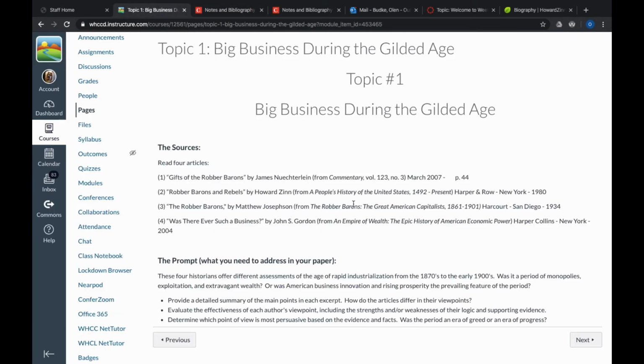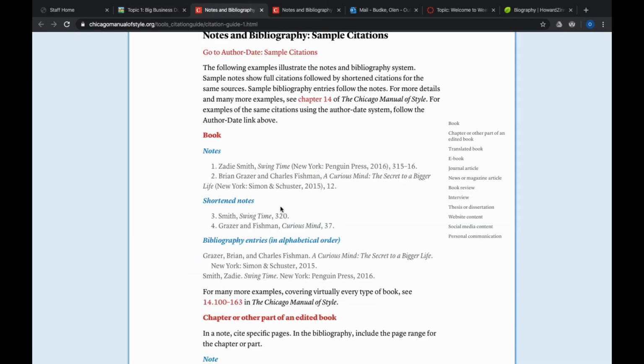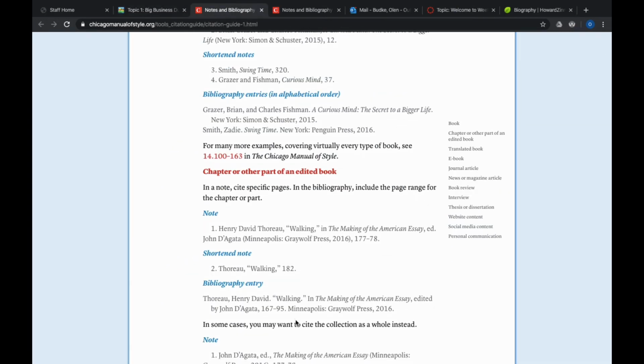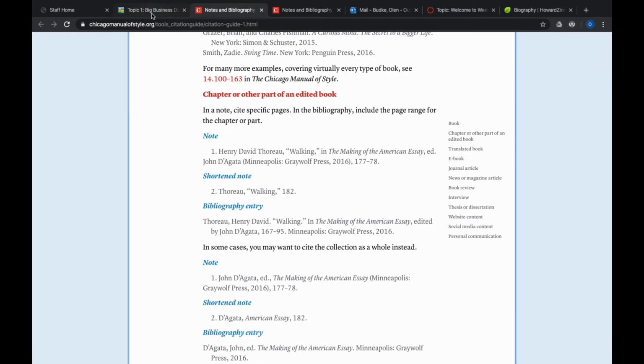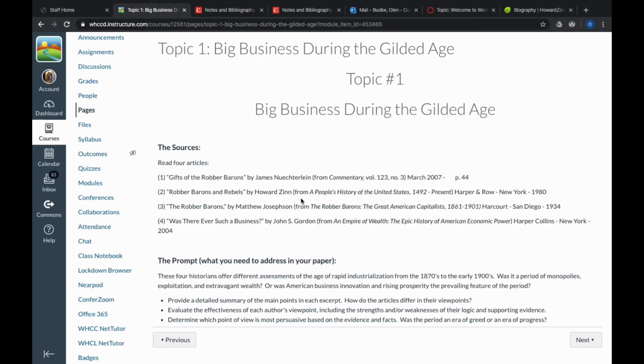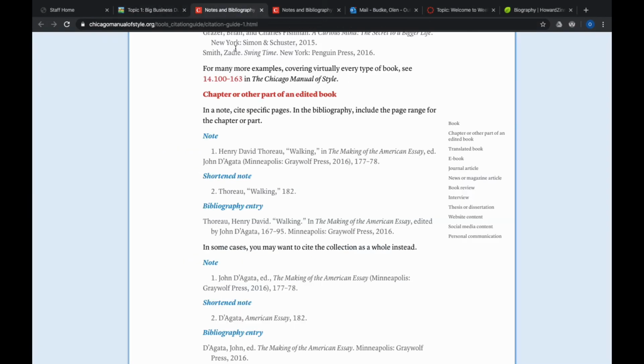If you were to Google A People's History of the United States and it came back with a different author, someone other than Howard Zinn, or an editor, more importantly, then you would know that you're using a chapter from an edited book. And in that case, you would use this as your example. So just follow that practice for each of your sources, and then you'll know which of those source types to get your example from.